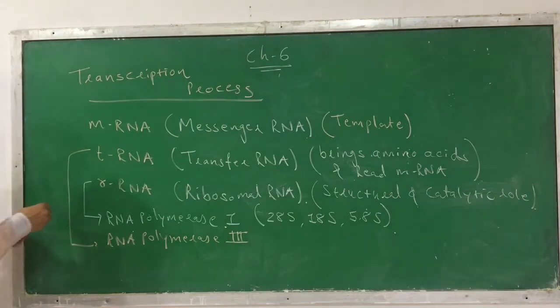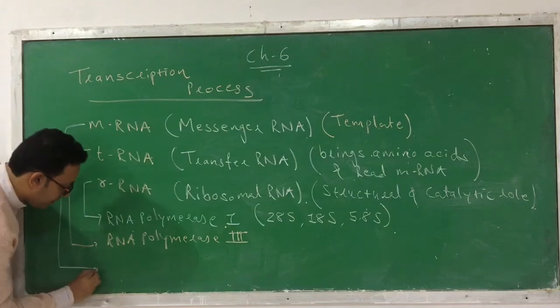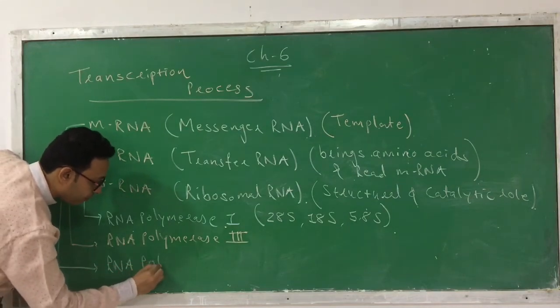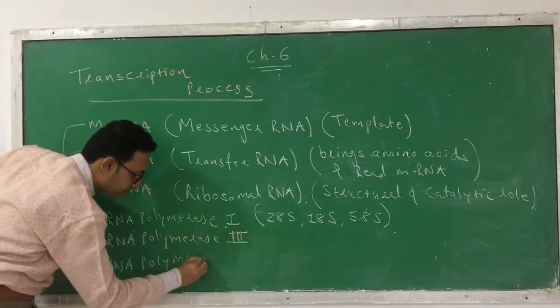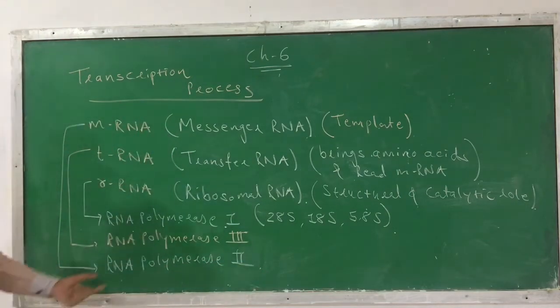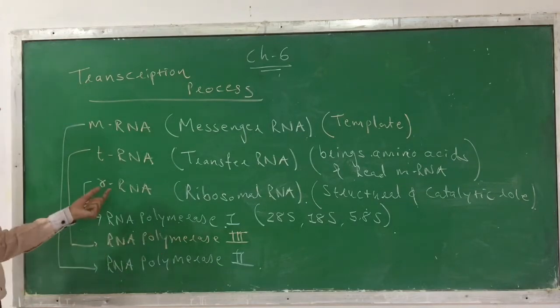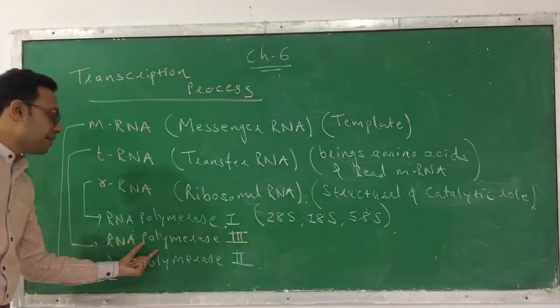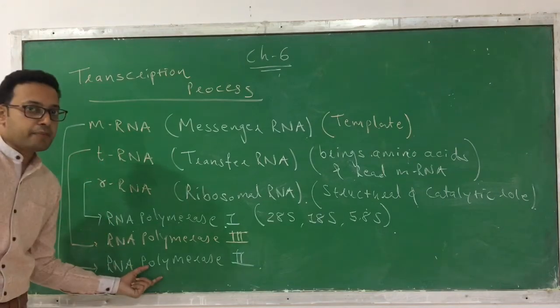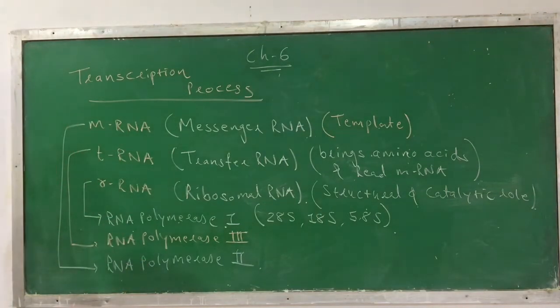And the last one is mRNA. mRNA is synthesized by RNA polymerase 2. So you have to remember, RNA polymerase 1 synthesizes the rRNA, RNA polymerase 3 synthesizes the tRNA, RNA polymerase 2 synthesizes the mRNA.